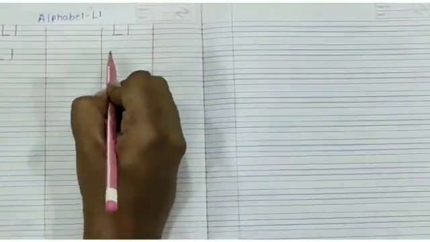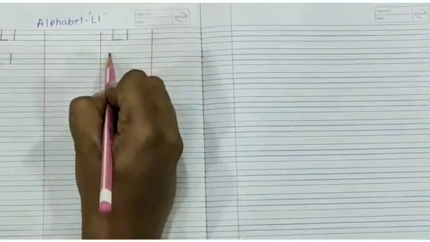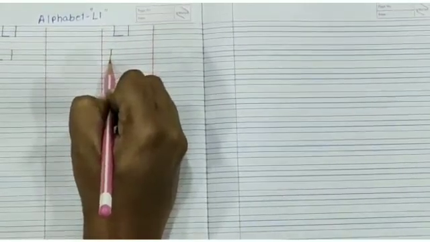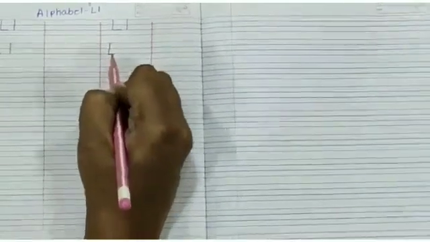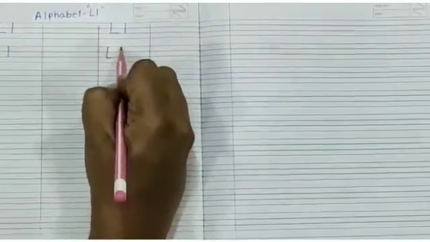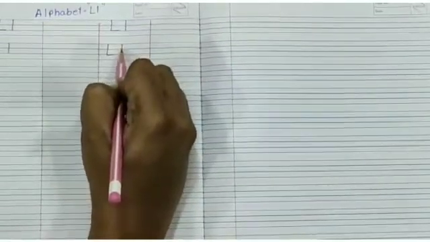Now let's write once again from red line to second blue line, standing line, and small sleeping line on second blue line. For small l from red line to second blue line, standing line.